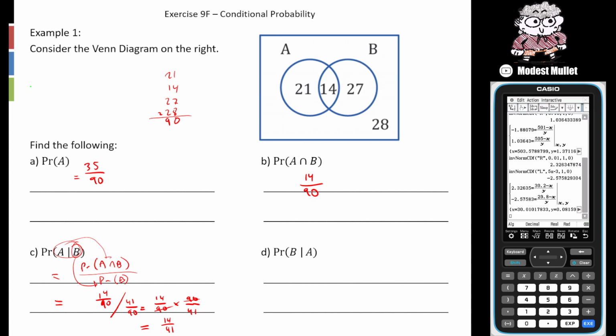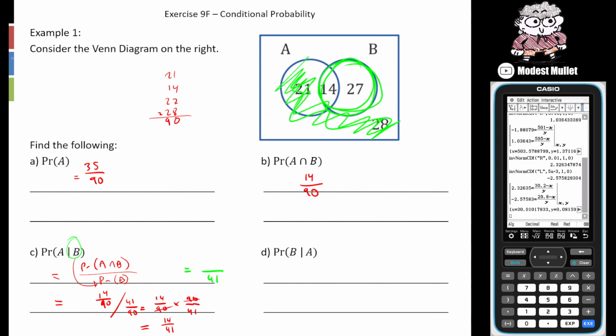Let's also look at that quickly graphically using the actual Venn diagram. So we want to find the probability of A given B. So there's our reduced sample space. So we have to be in that. So none of that counts. So now we know that our total options that we have is 14 plus 27, which is 41.